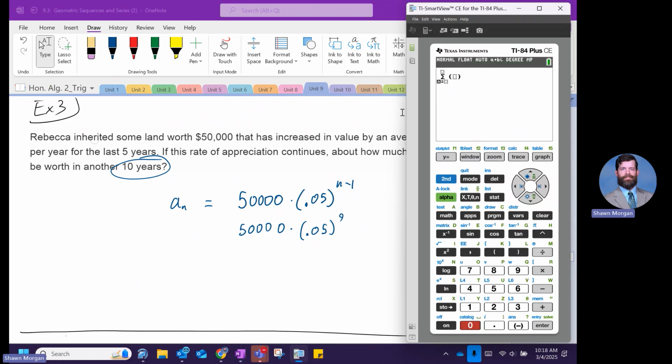So what we can do is we can be logical thinkers, not stinkers. We can run the numbers as is, and then we can think, well, wait a sec. It's appreciating, so it should be more than 50,000. Suppose I didn't smell anything fishy, and I was just like, oh, times 0.05 to the power of 9.